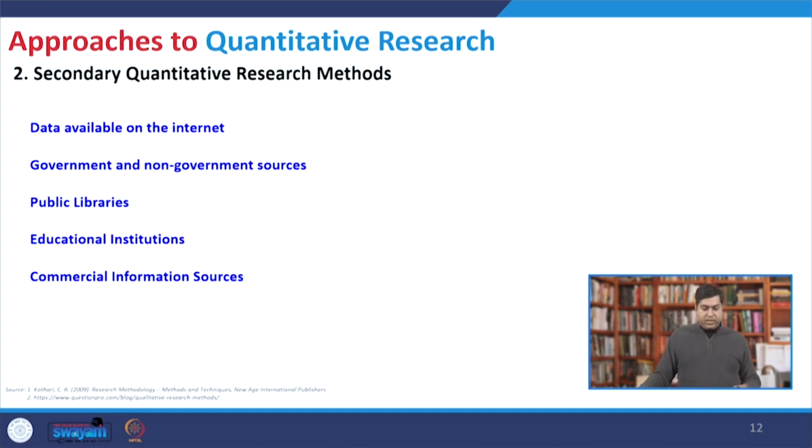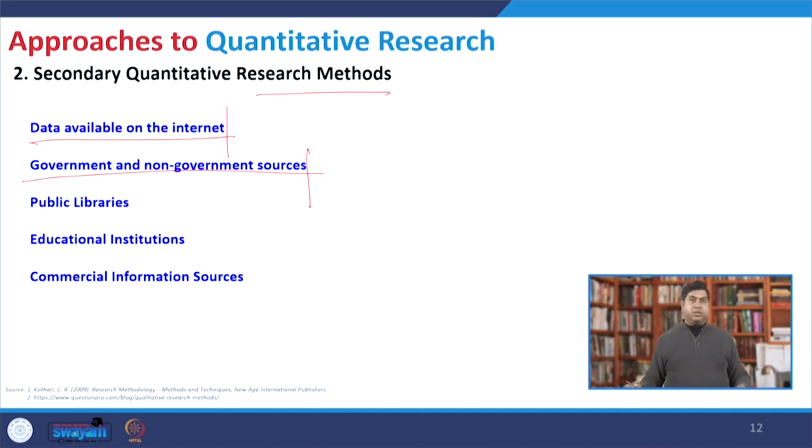Now coming to secondary quantitative research methods, where you can rely on data available on the internet, or data available with government and non-government sources, so that we don't go for primary data collection, and you analyze the secondary data. But there are some issues with those.